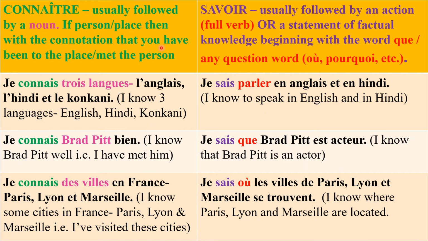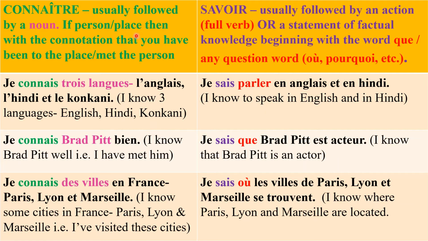So if it's a person, it means you've met the person perhaps before, you're familiar with them, you know them pretty well. Or if you're talking about a place, that means you've been there, you've experienced the life of the people there, something like that. So connaître comes with that connotation of having experienced the noun you're talking about, especially if it is persons or places, and it is usually followed by a noun to begin with.